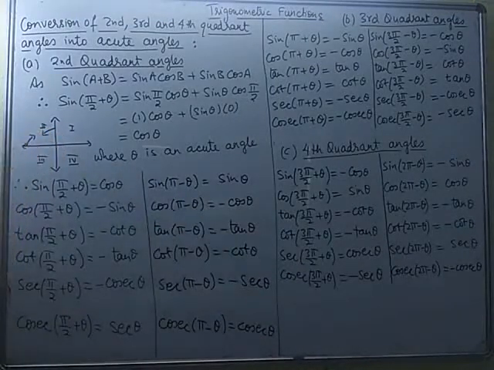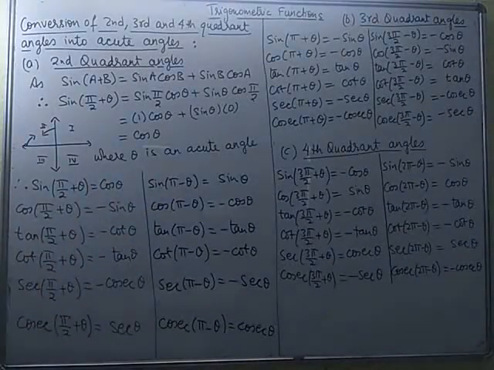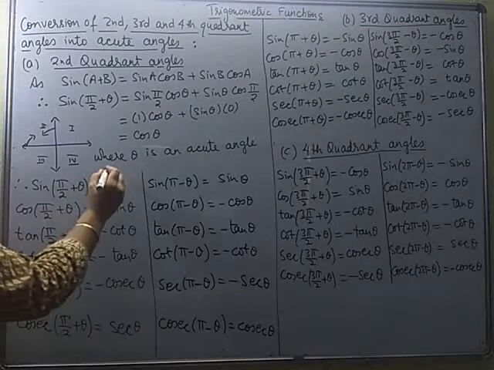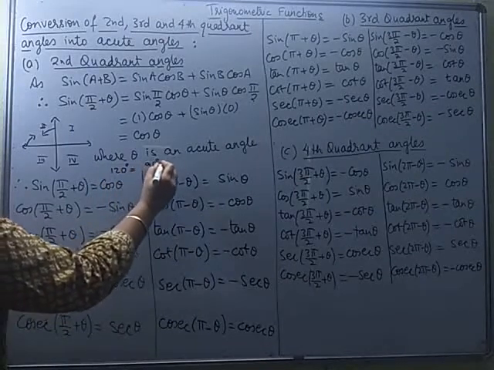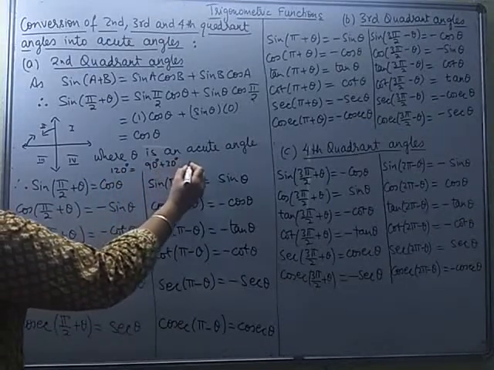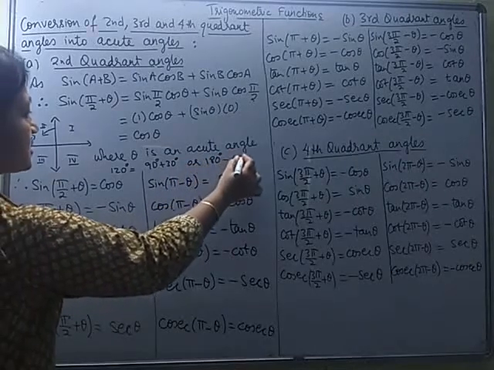Pi by 2 plus theta will also be in the second quadrant. So the second quadrant angle can also be written as pi minus theta. I'll give you one example again. See, 120 degrees can be written as 90 plus 30, or it can be written as 180 minus 60.